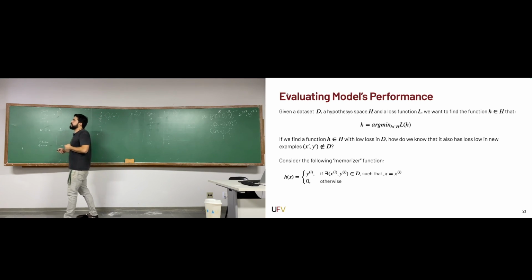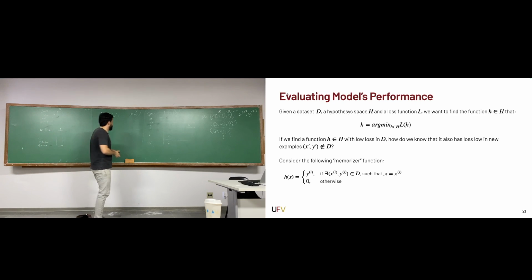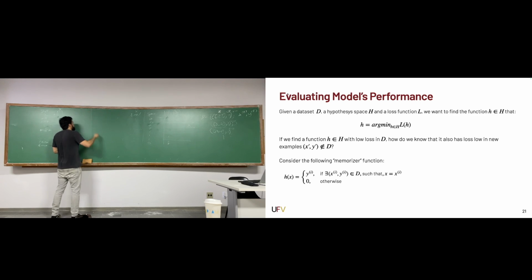h of x is equal to the label y_i, if the example x_i, y_i is in D. So basically what I'm doing is creating a table. I get the data set D, and then I store the data set in a table.